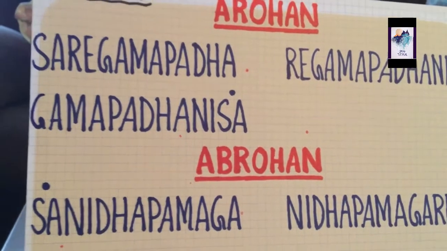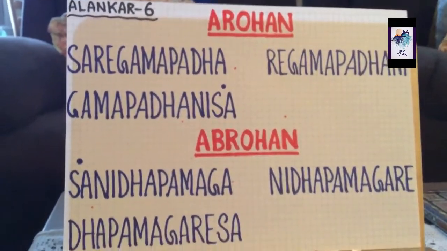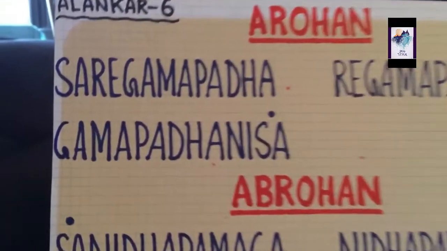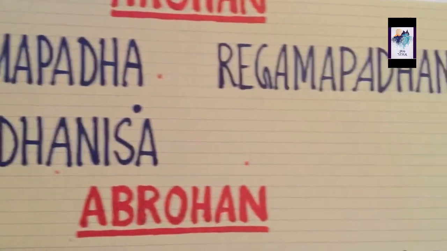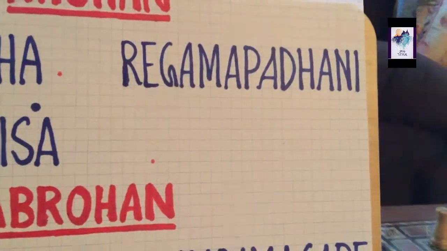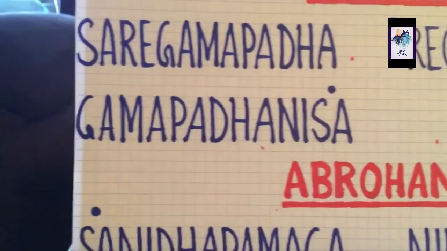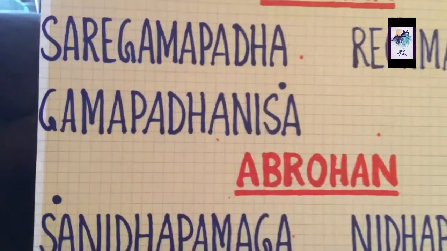Now see Alankar number 6. Sa re ga ma pa dha, sa re ga ma pa dha, re ga ma pa dha ni, then ga ma pa dha ni sa.